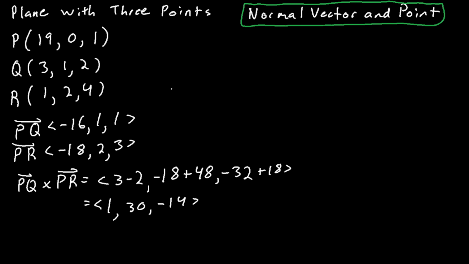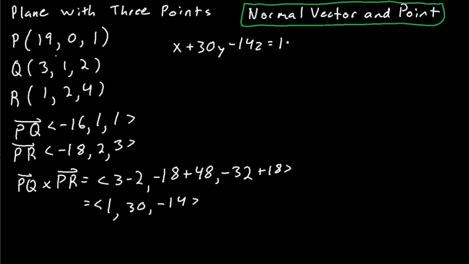So all we got to do is plug in the points. X, the coefficient is 1, but it's just x basically, because 1 times x is still x, plus 30y minus 14z is equal to, well, 1 times any point.